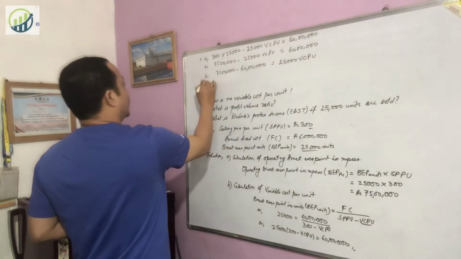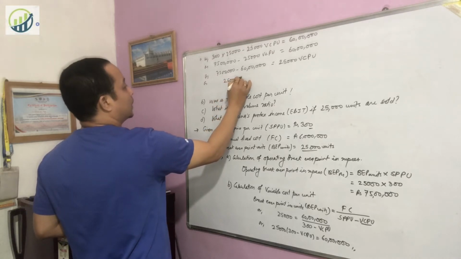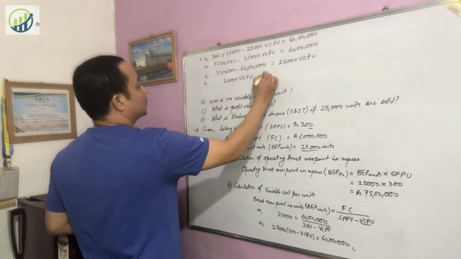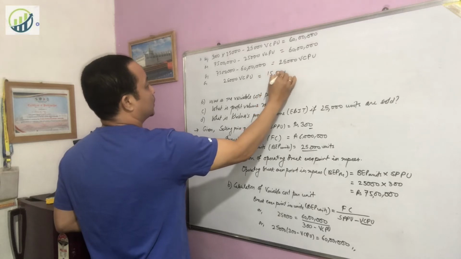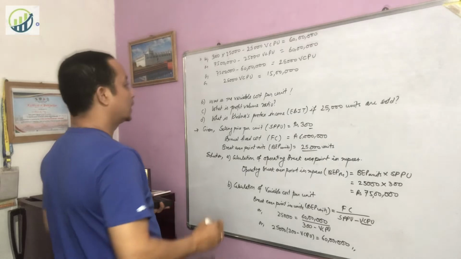Okay, or 25,000 variable cost per unit equal to 15 lakh. After deducting 75 lakh minus 60 lakh, you have 15 lakh.